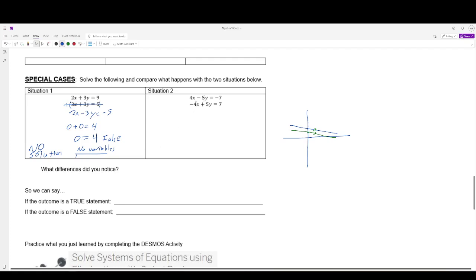Situation 2 is already set up for elimination. The signs are opposite. So if I add this, I get 0 plus 0 equals 0. 0 equals 0 is a true statement. So again, there's no variables, and this time we got a true statement.